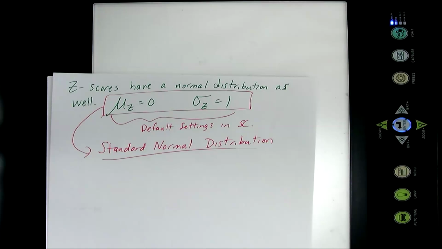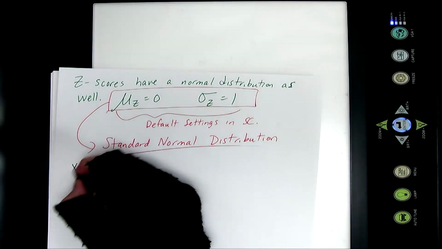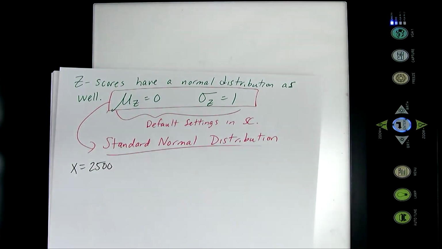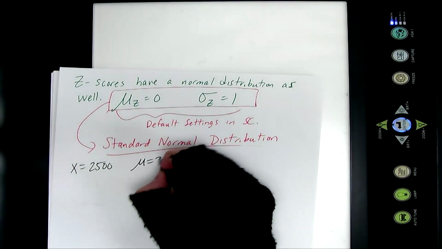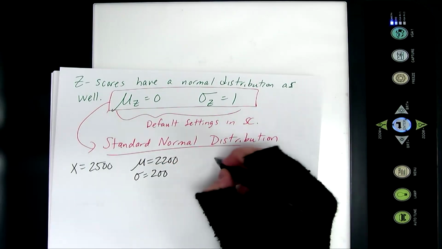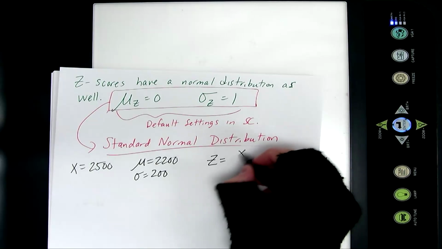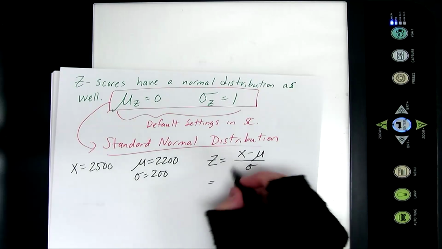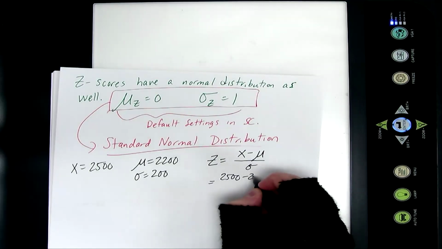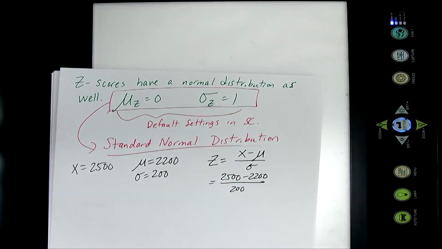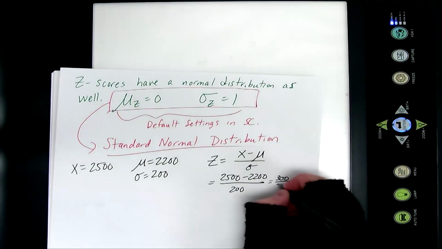So let's look at our giraffe. Let's say we had a 2,500 pound giraffe. We had mu was 2,200 and standard deviation was 200. So z equals x minus mu over sigma, which equals 2,500 minus 2,200 over 200, which is 300 over 200 or 1.5.